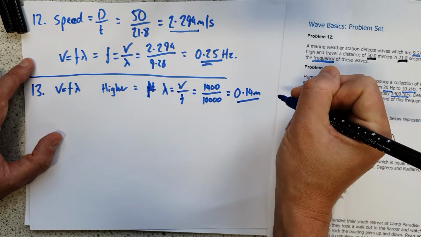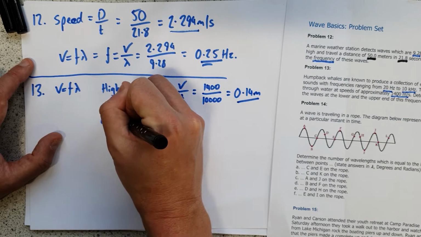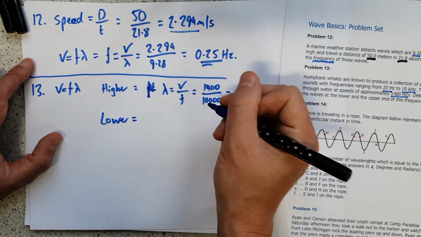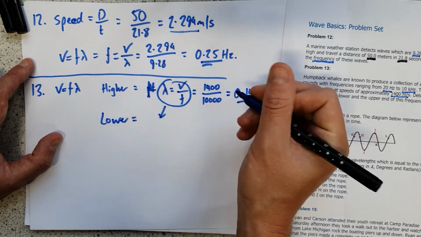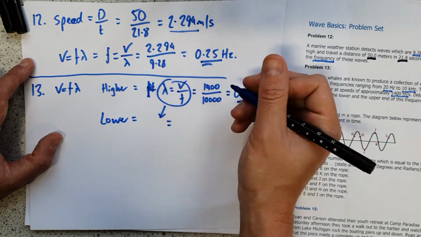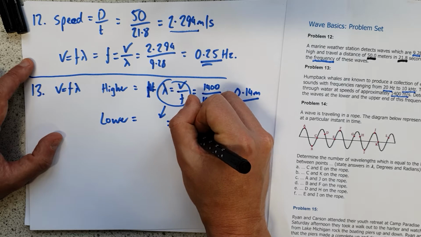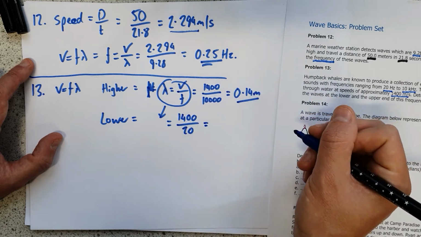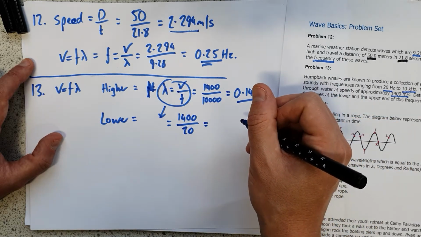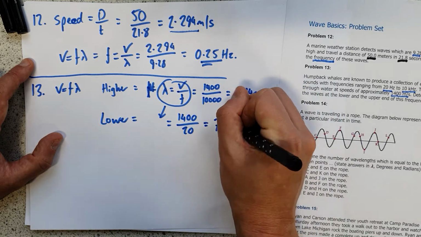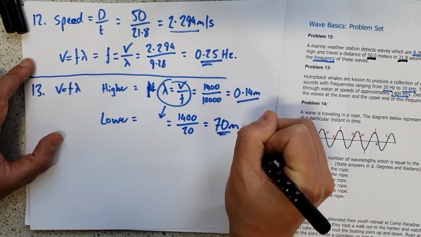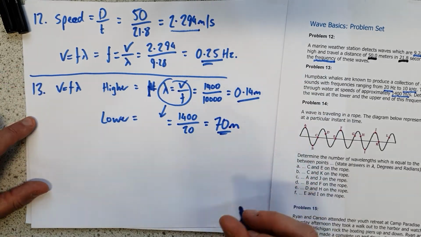So that's our first answer. And then the lower range, again we use this same formula, the velocity hasn't changed, and we just divide that by 20 hertz, and that gives us a value of 70 meters. And there are our two answers for that question.